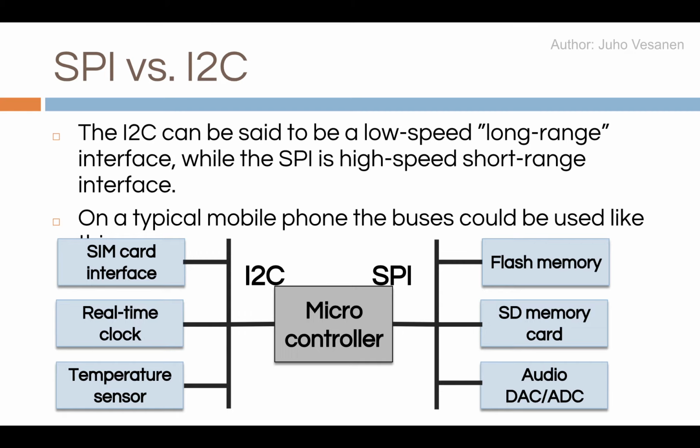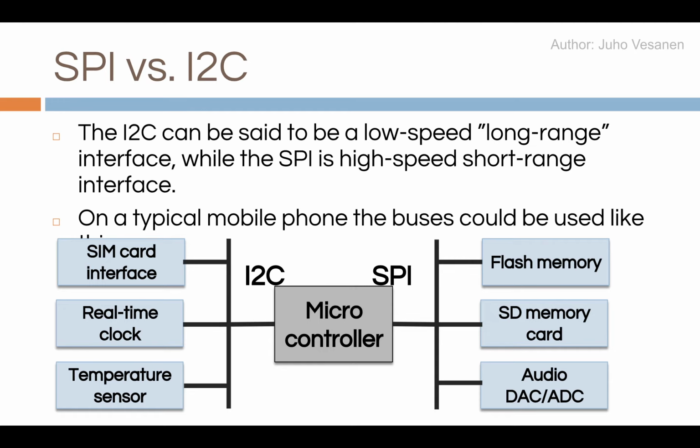Okay, if you have, for example, a mobile phone, most probably you have both buses there. I2C, for example, is used for things that are read only once in a while and are not time critical, like the SIM card interface. There you really don't need fast communication.